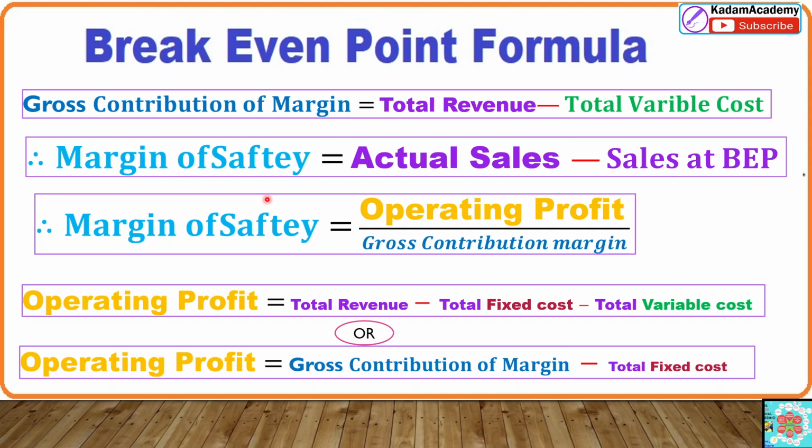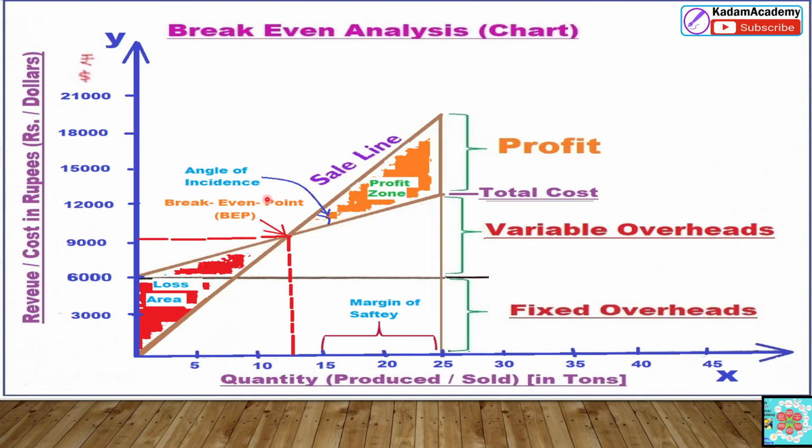So dear friends, this is a very conceptual problem. And here, the angle of incidence, this point I want to make clear to you. What is the purpose of calculating the angle of incidence? This is nothing but the angle at which the total cost line, see here, this is the total cost line, and this sales line intersect at the break-even point.